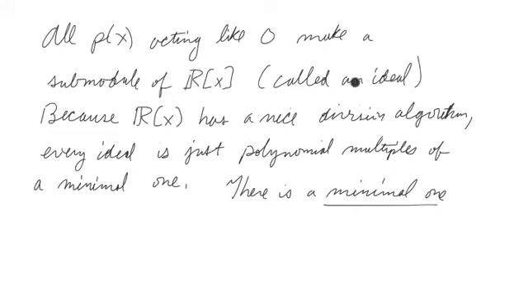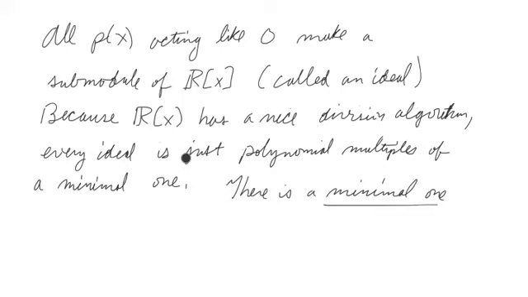Okay, well, that's terminology we don't really necessarily need. However, due to the fact that you can do polynomial long division really nicely in here, especially since R is a field, which makes it nice when we look at polynomials with coefficients in it, every ideal is just multiples of something.